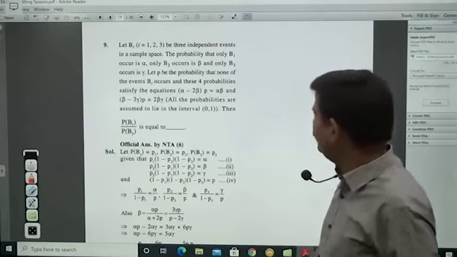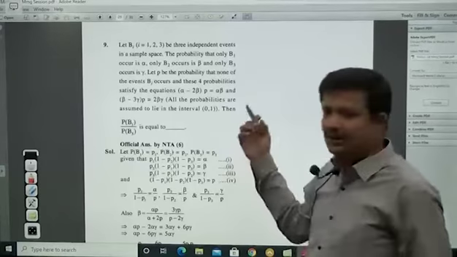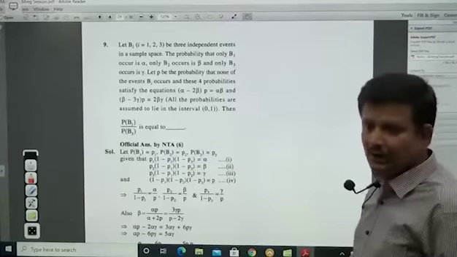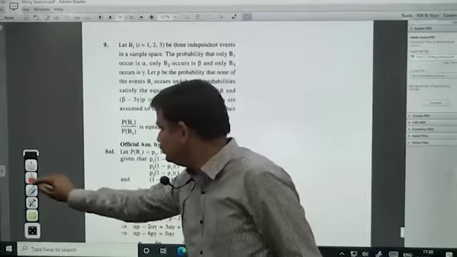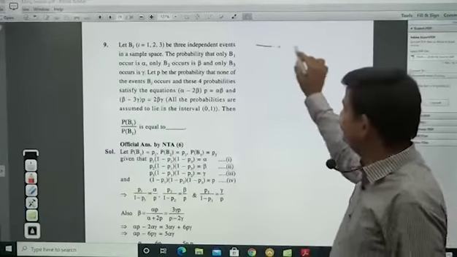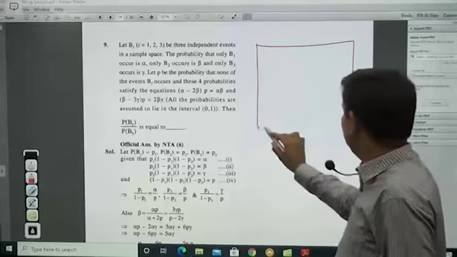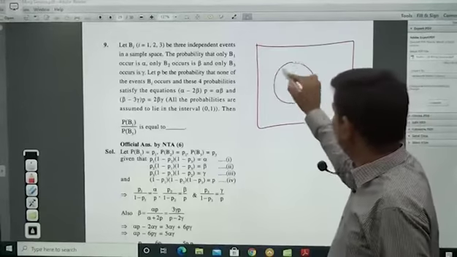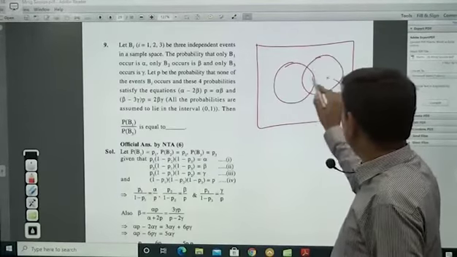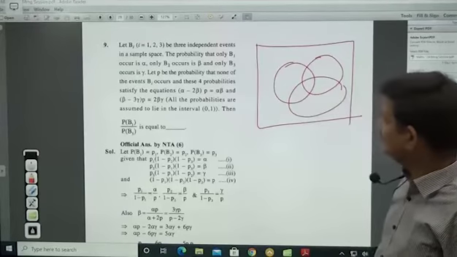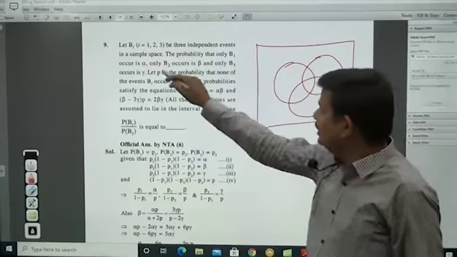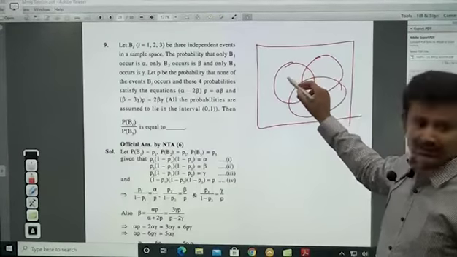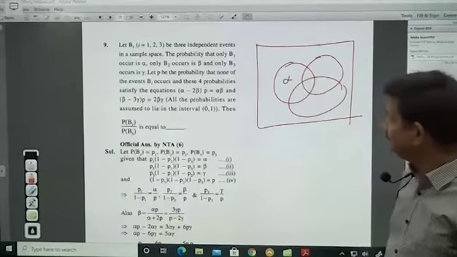I would not go for this analytically, I would go for a Venn diagram. Let the sample space be 1. Analytically is a little confusing when we are talking about so many combinations. Venn diagram is the best. The probability that only B1 occurs, which part? This is alpha.